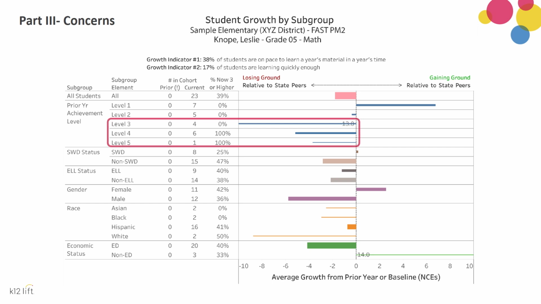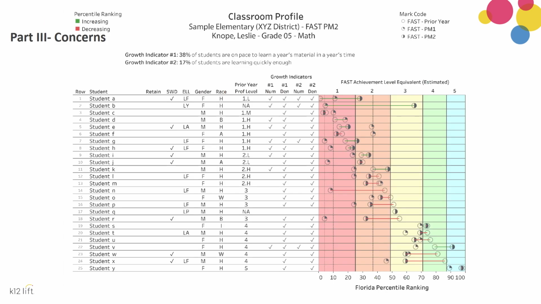I want to show you something about those males that is kind of interesting. When you go to the class profile and you find all of the males, and then you layer onto that the males that are 3s, 4s, and 5s, what do you notice?